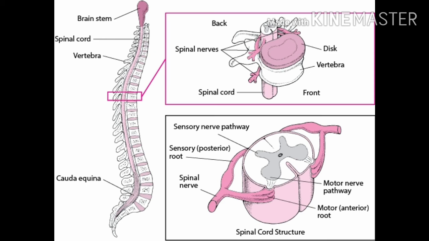And the white matter is surrounding the gray matter. You can see clearly in this picture. And from the spinal cord arise the spinal nerves. So there are totally 31 pairs of spinal nerves arising from the spinal cord. Here you can see one pair arising from the spinal cord.